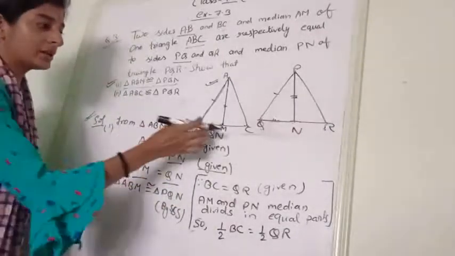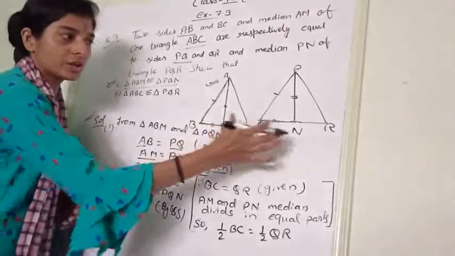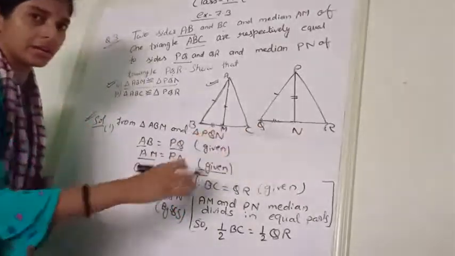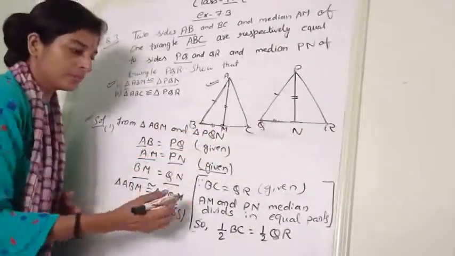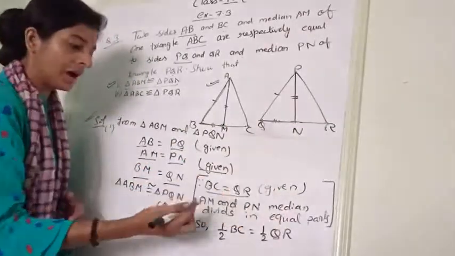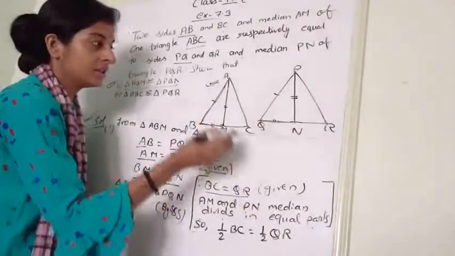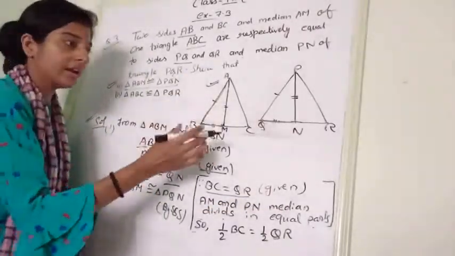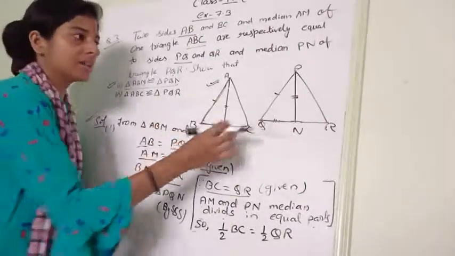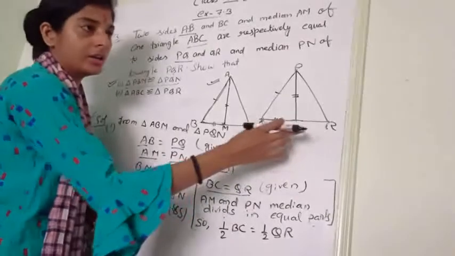How are we writing that BM is equal to QN? Because in the question it is given that BC is equal to QR. Now understand how these two are equal. AM and PN are medians, which divide the sides into equal parts. AM divides BC into equal parts, and PN is the median which divides QR into equal parts.